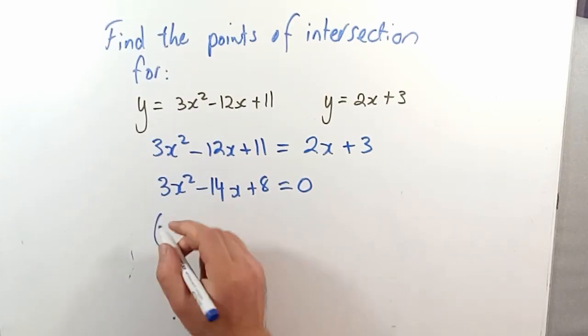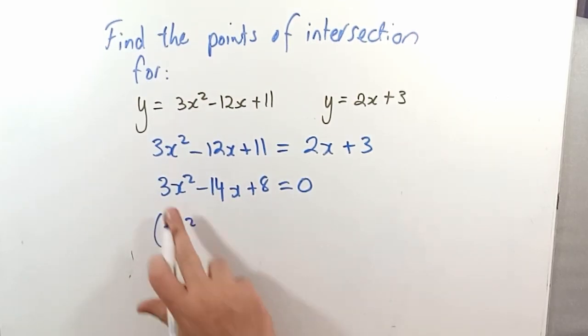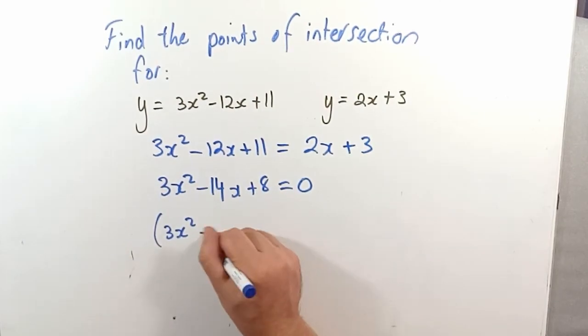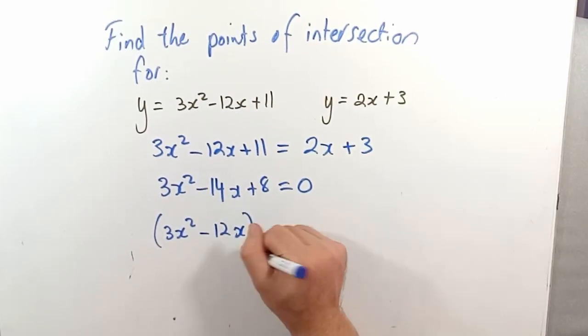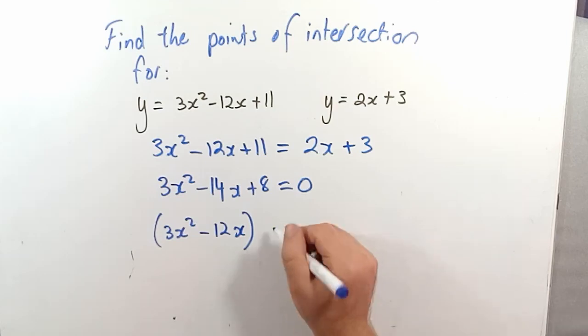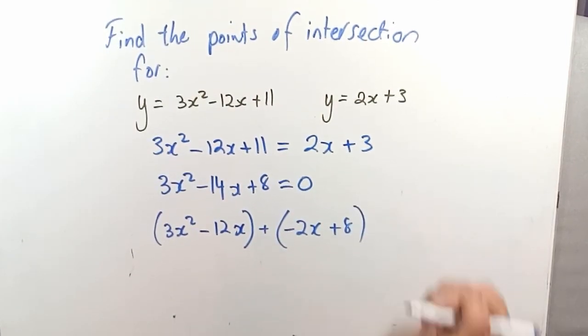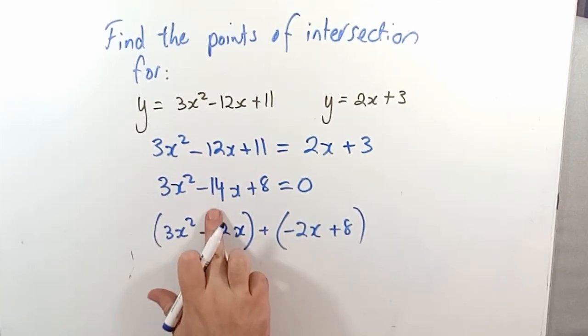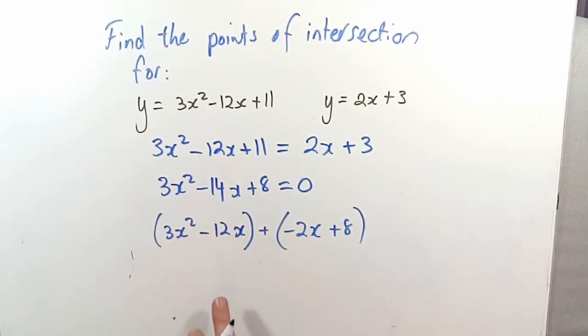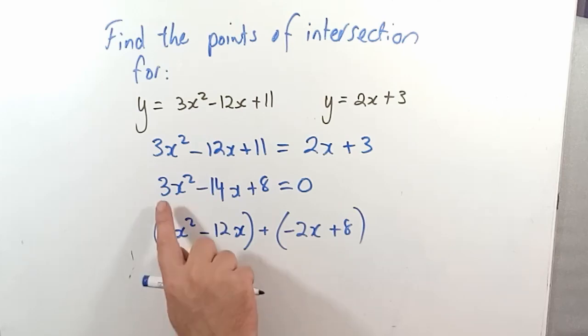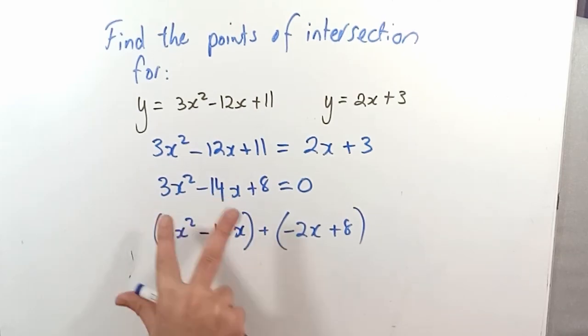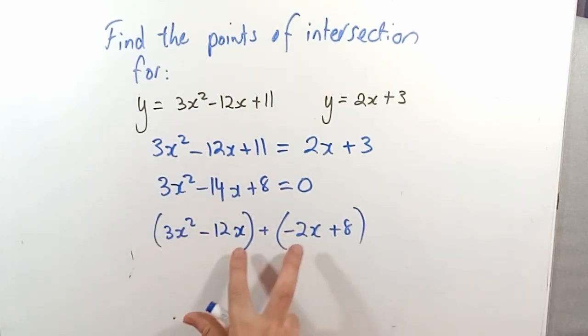Okay, can we group it? Let's give it a go. So 3x squared, I want this to be minus 12x, plus minus 2x plus 8. Okay, so those two add up to this, but they multiply together to give 3 times 8, which is 24, and 12 times 2 is 24, so that's good.